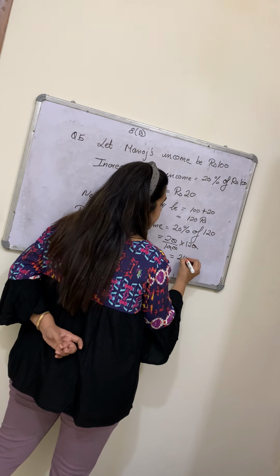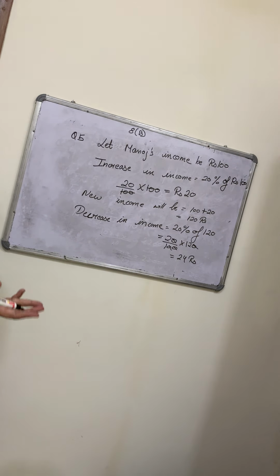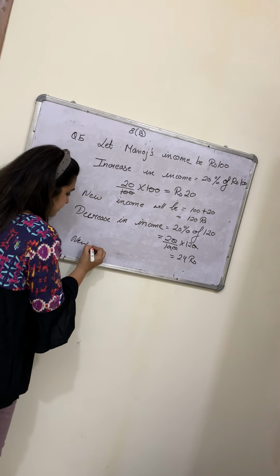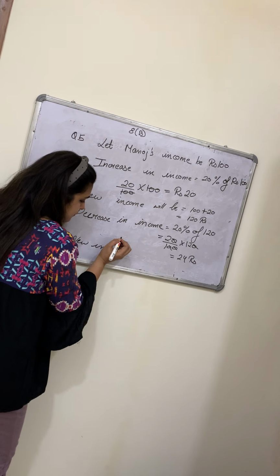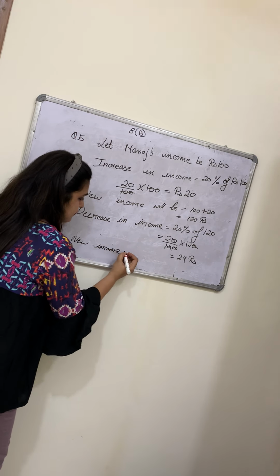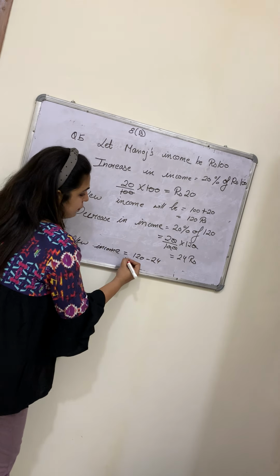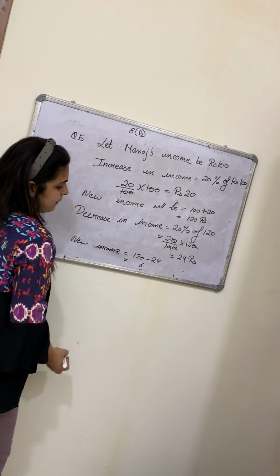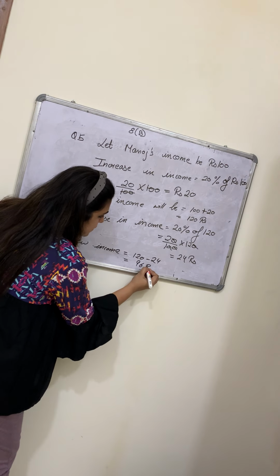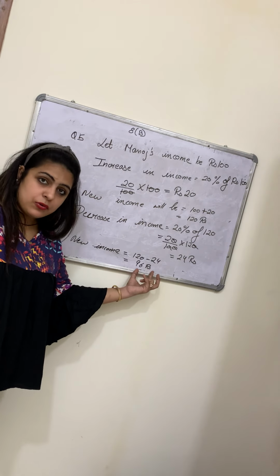That is 24 rupees. Now this 24 rupees is getting decreased. So now what will be the new income? 120 minus 24. That is your 96 rupees. So your new income is now 96 rupees.